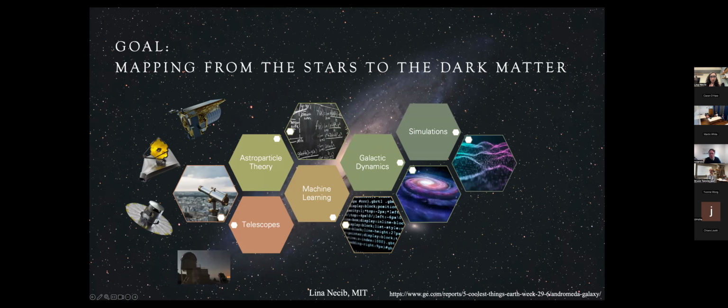And I will tell you about these 4, at least for today, with some machine learning techniques, galactic dynamics, and cosmological simulations. So it's really trying to blend in a lot of these different tools to have a better understanding of the map of dark matter, and in particular, what is going to tell us about dark matter detection in general.